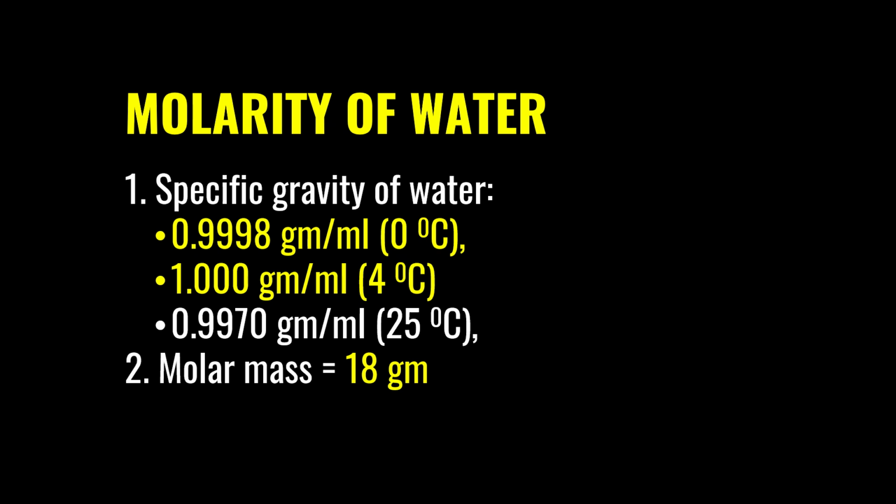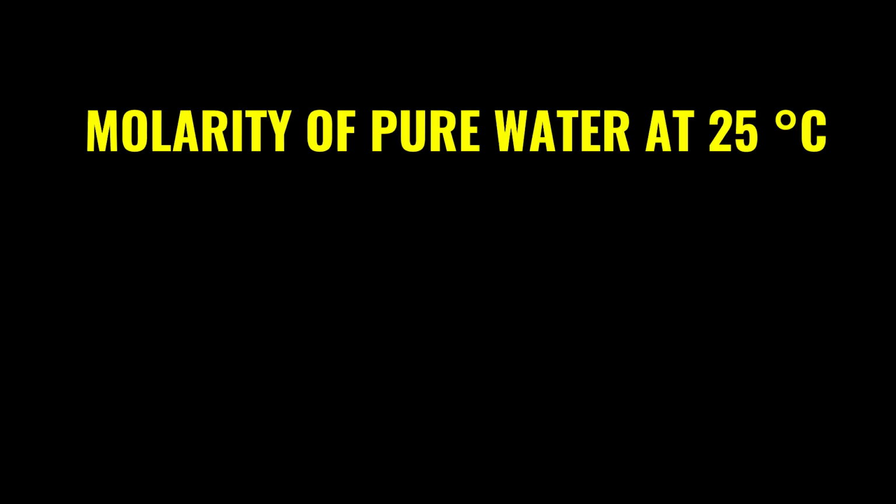The specific gravity of water is roughly 1, but there is a slight difference, ranging from 0 degree, 4 degrees and up to 25 degrees centigrade. So it depends on the temperature also. Second piece of information you need is molar mass, which is the molecular weight of water, which is 18 gram.